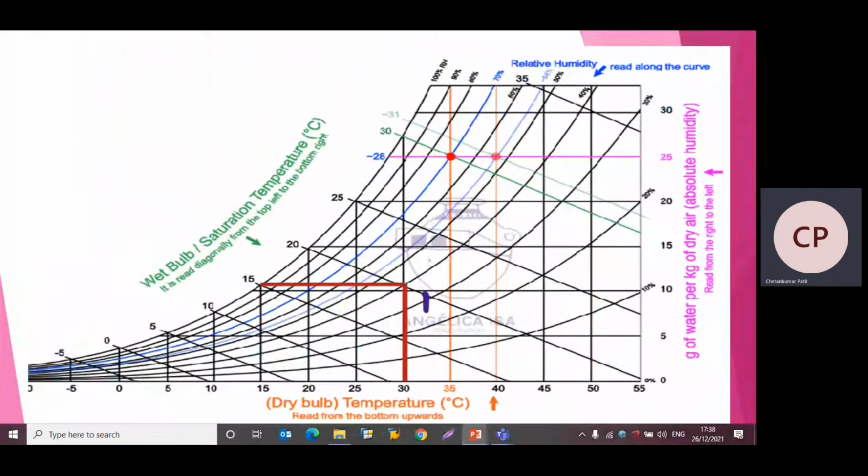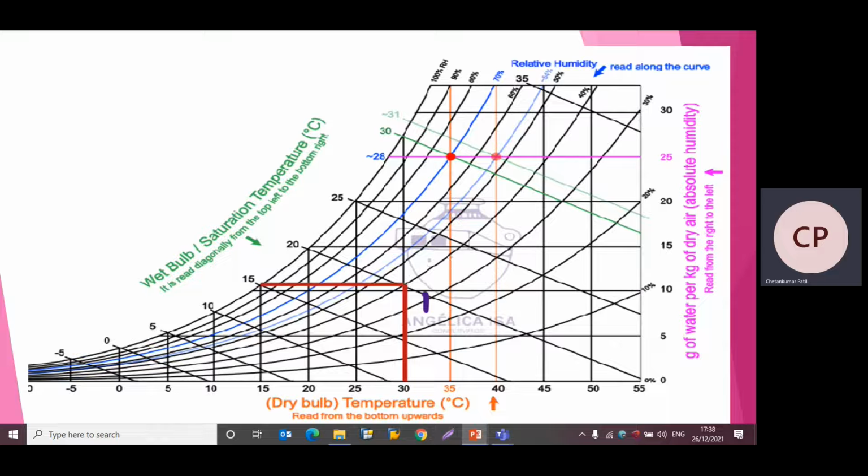Now we will find out the dew point temperature of air. If we observe this inclined line, the saturation line with 100% relative humidity, there are different temperatures. Here is 10 degree, 15 degree, 20 degree, and from these there are horizontal lines that indicate the dew point temperature.